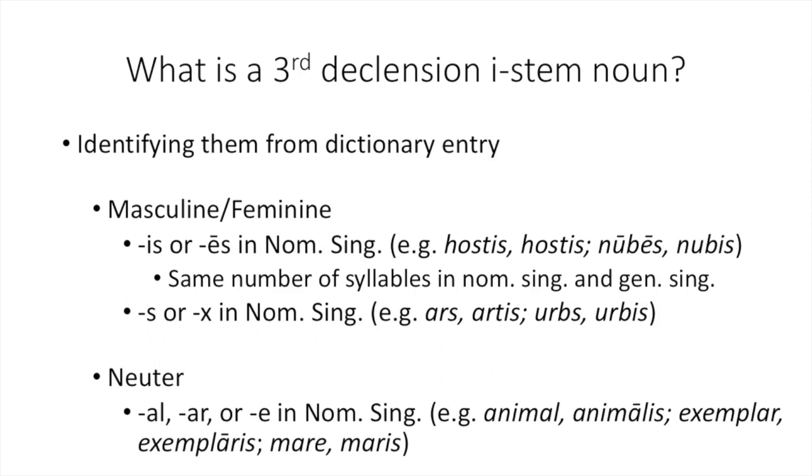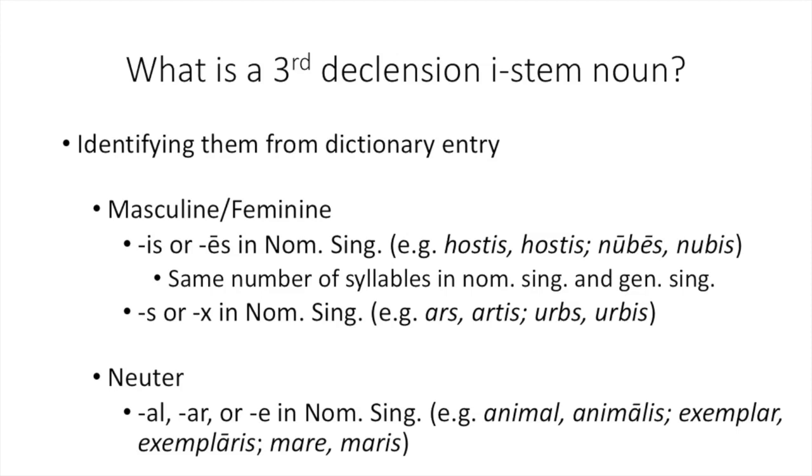Alternatively, a third declension noun could be I-stem if the nominative singular ends in an S or an X, so ars, artis and urbs, urbis. Then our neuter third declension I-stem nouns could have an AL like animal, animalis in the nominative singular, an AR like exemplar, exemplaris, or an E like mare, maris.